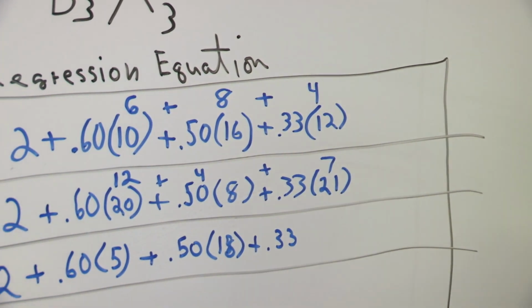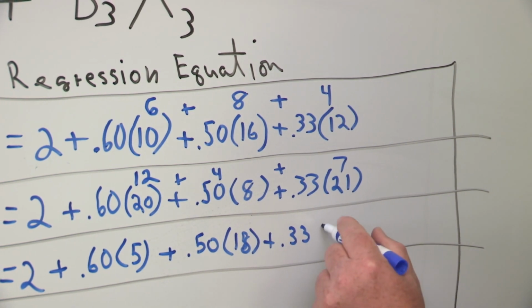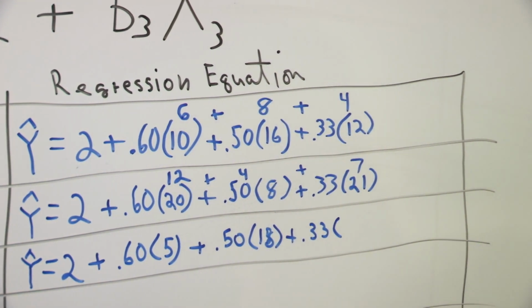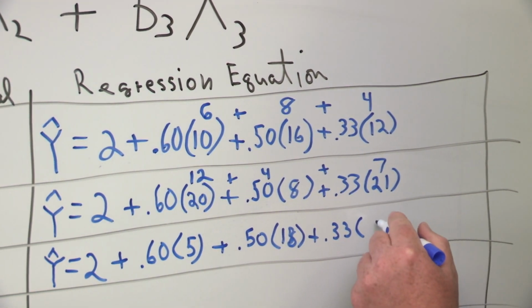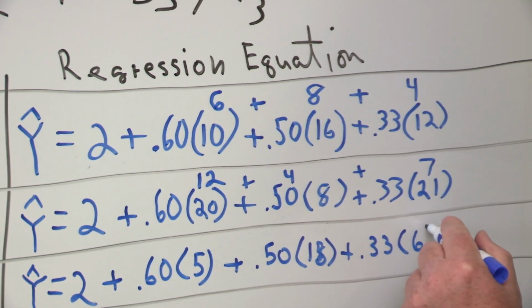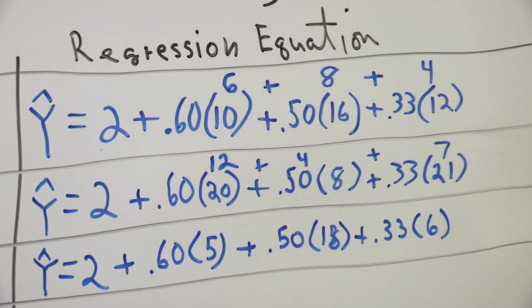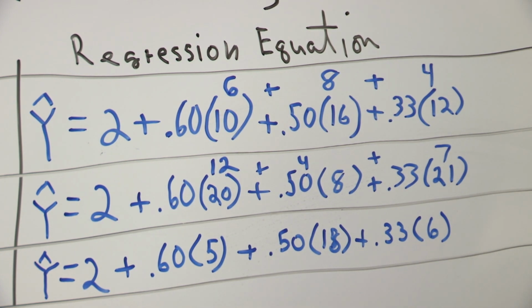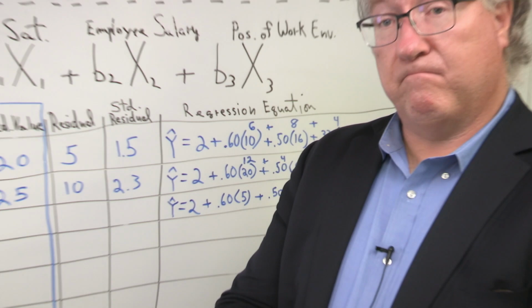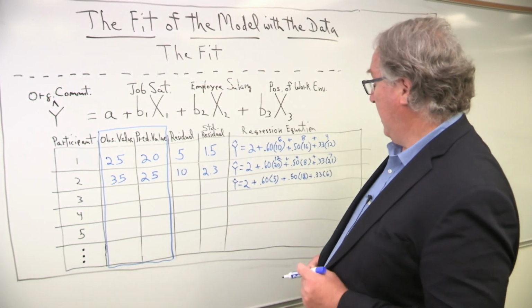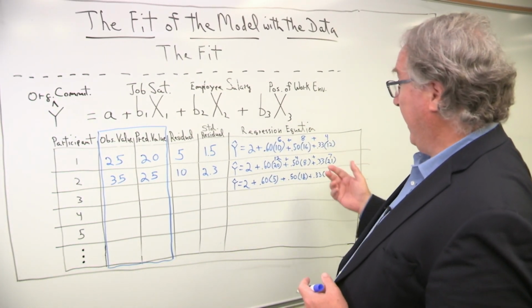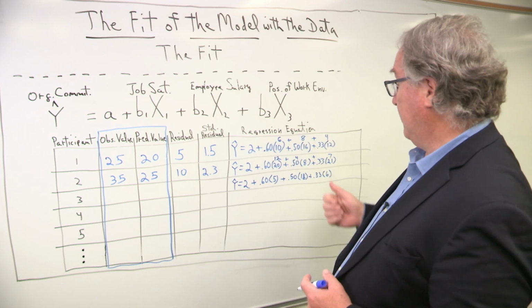And let's say that person, we got their measure back, we scored it, they got a score of 6. And that would be quite a negative view, their perception of the work environment. Okay. The scale of 1 to 30 that we had for positiveness of work environment, this is a 6.